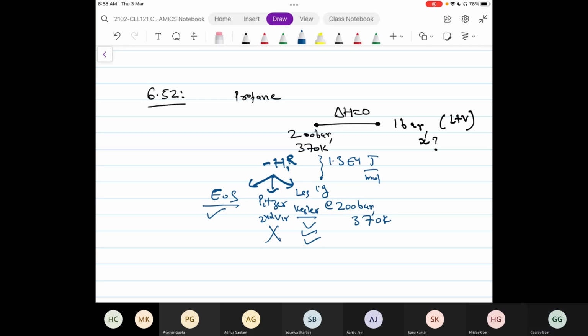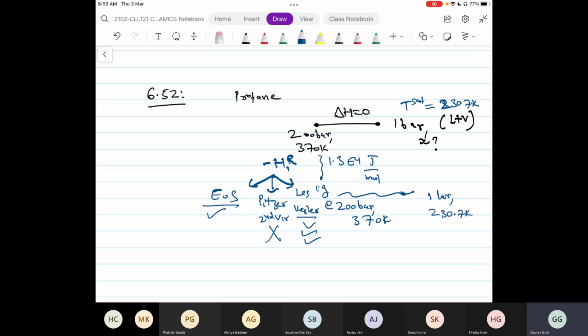All right. Now we convert this to ideal gas. So at this 1 bar for propane, the saturation temperature you can calculate from the Antoine equation. It is 230.7 Kelvin. So that means for this ideal gas, I want to find out what is the change in enthalpy in going from state point 1, which is 200 bar 370 Kelvin, to state point 2, 1 bar and 230.7 Kelvin.